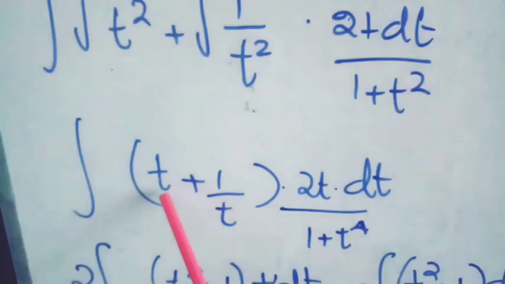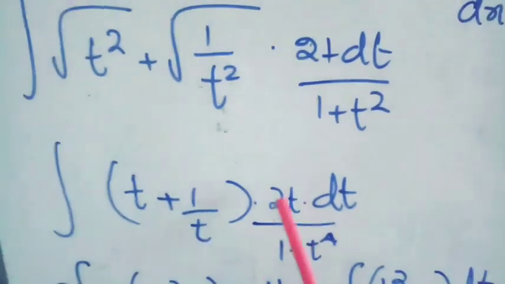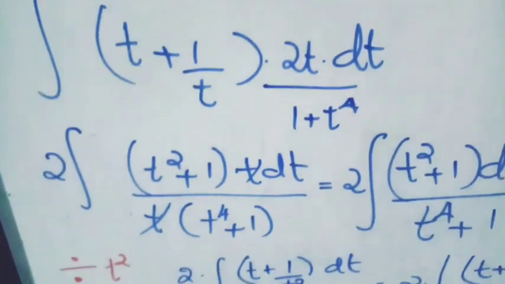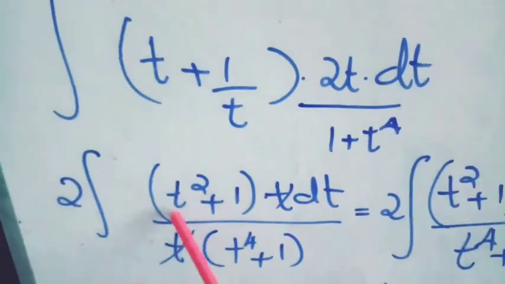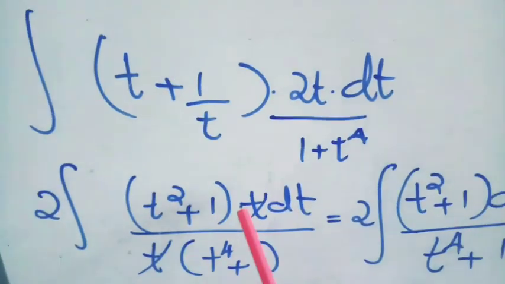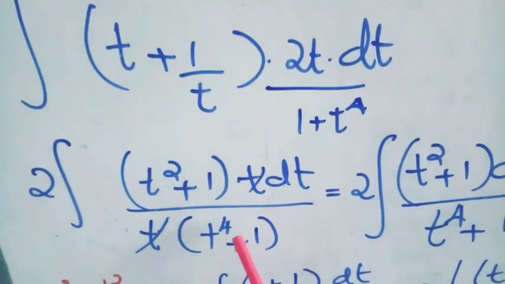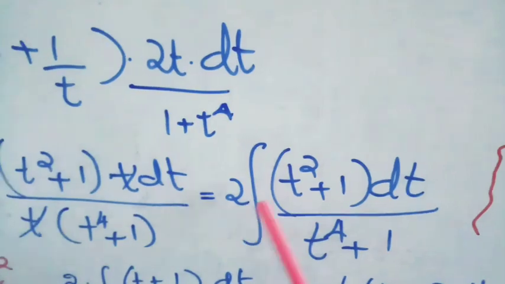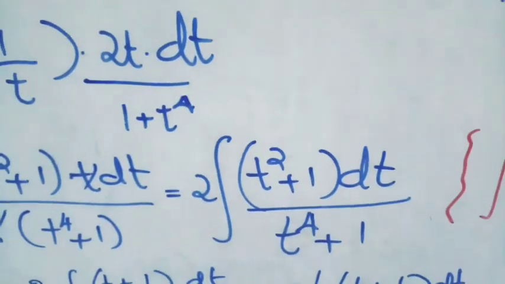Simplifying this, t plus 1 by t into 2t dt divided by 1 plus t raised to 4. Now by taking LCM, t square plus 1 divided by t, and this t will be cancelled, so we get 2 into t square plus 1 dt divided by 1 plus t raised to 4.